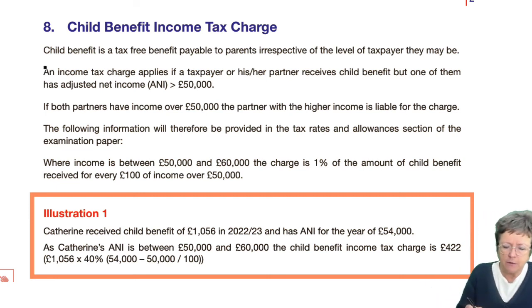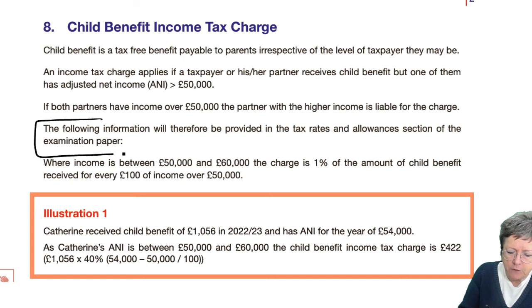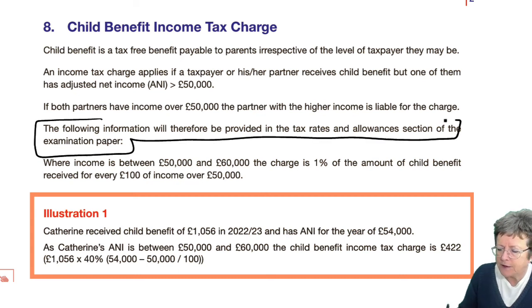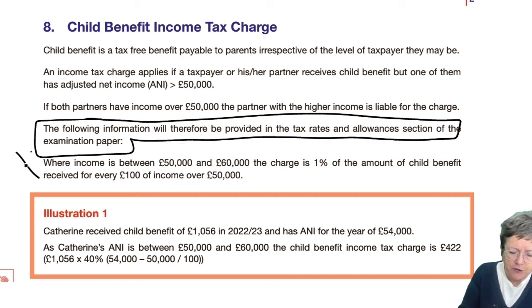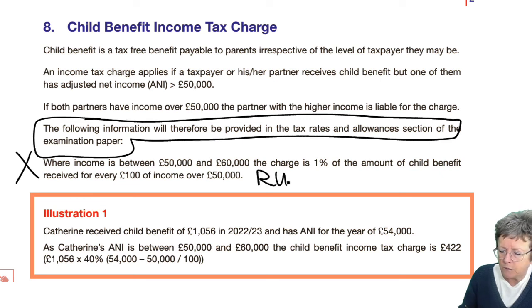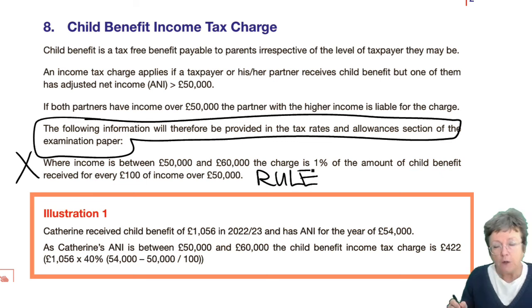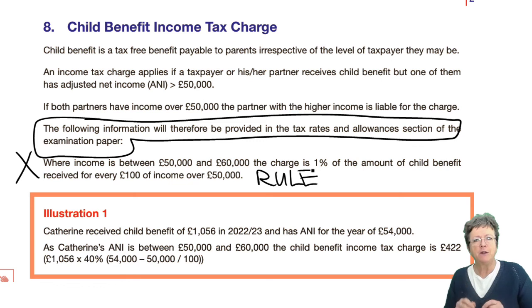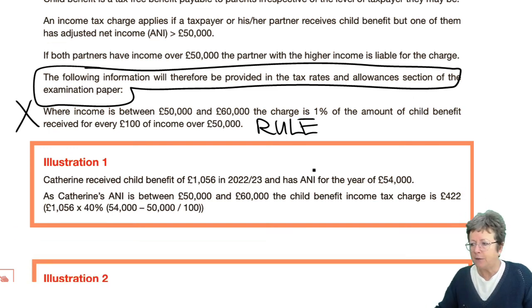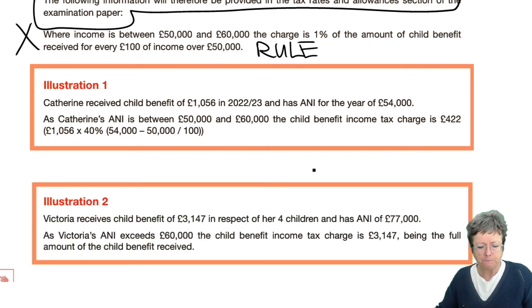Now, again, this information is given to you in the tax rates. That's the rule. You don't have to remember it. It's in the tax rates, fully written out. All you have to do is apply that rule to the situation that you find yourself in. And we have two illustrations here which explain this.